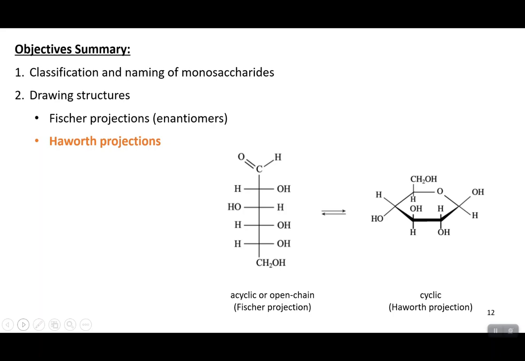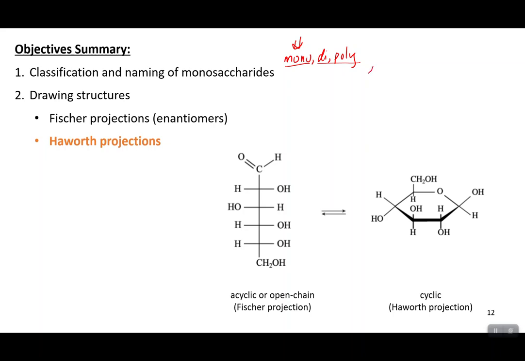So the classification was basically the monosaccharides, the disaccharides, and the polysaccharides. We will talk about the disaccharides and polysaccharides in another video. This video focused mostly on monosaccharides. We also learned how to name them, again, just either naming it as an aldo or a keto type of sugar, so an aldose or a ketose.